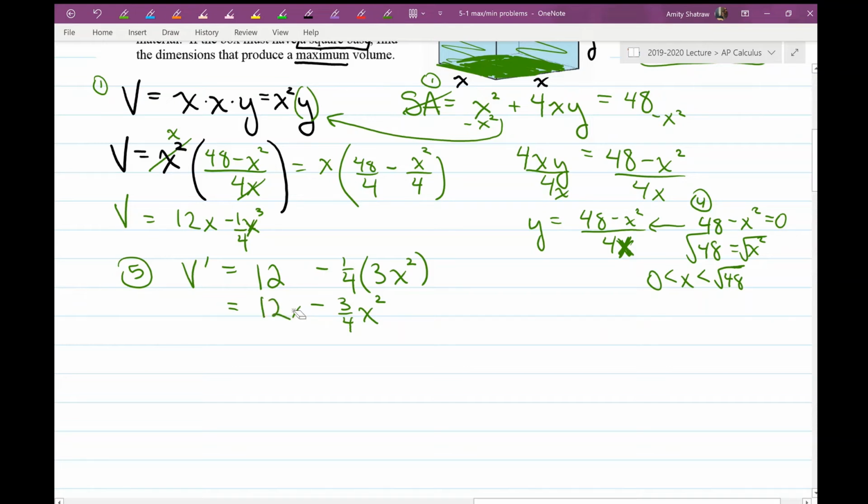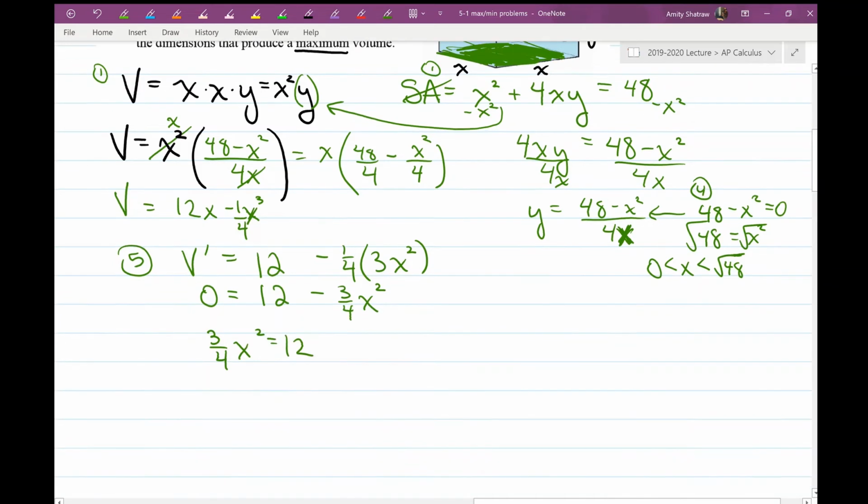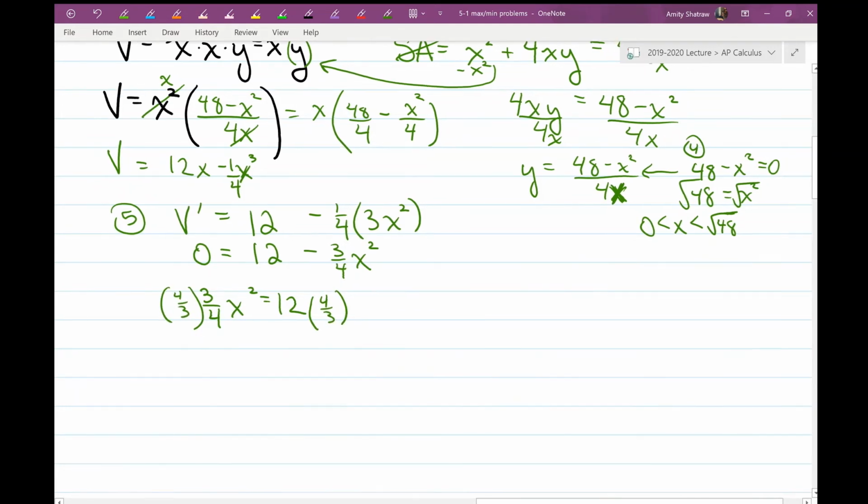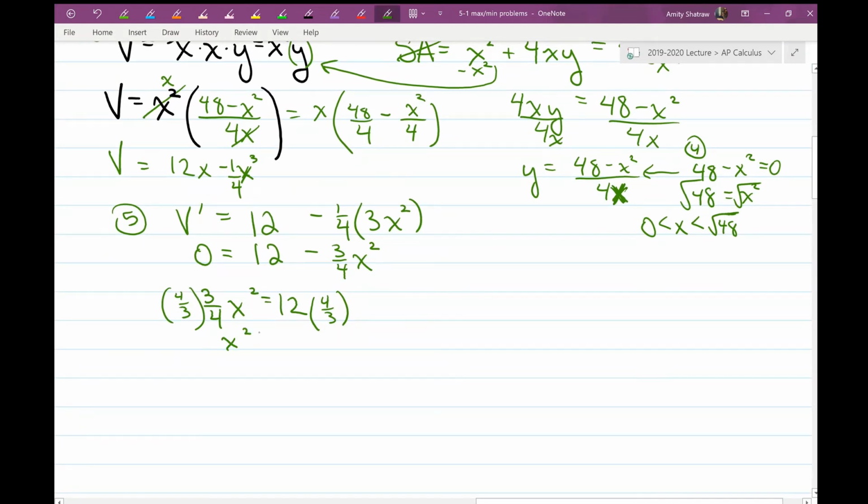Okay, now I want to know how to find the maximums, how to find my critical number. So I set that equal to 0, and I say that I have 3/4 x squared equals 12, and then I'm going to multiply by 4/3 on both sides, and I say that x squared is equal to 16, and so x equals, well, technically it's positive and negative 4, but I don't really care about the negative 4 because there's going to be no negative lengths in this problem.